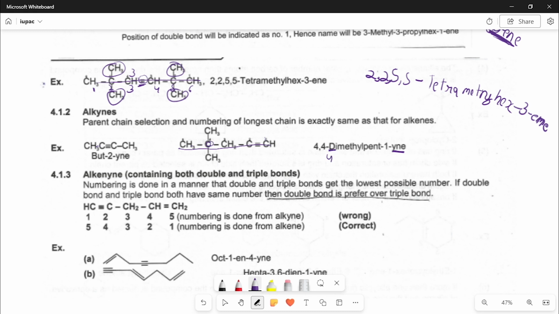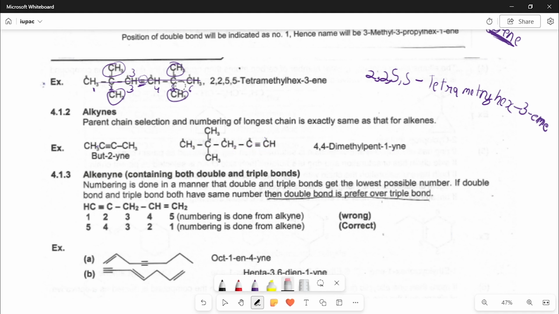Di, because there are 2 methyl, pent, because the main chain has 5 carbon atoms, and it's present at 1. So 4,4-dimethylpent-1-yne. Now here comes the crucial part.